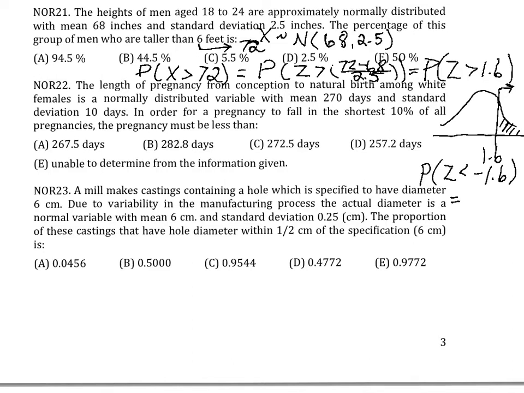If I look up changing the sign from greater than to less than, and from positive to negative, I can get the same answer as if I did it another way. Looking on the margins of the table for negative 1.6 on the negative table gives me 5.5%. The answer is C.